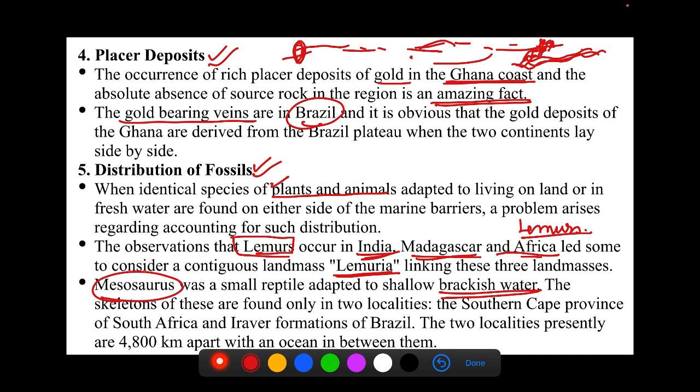The skeletons of these have been found in two localities, the southern Cape province of South Africa and Brazil, right? These two are now at a distance of almost 5,000 kilometers, and also separated by ocean. So there is no possibility that Mesosaurus traveled through the ocean and reached the other side. This is only possible if these two landmasses were together in the past.